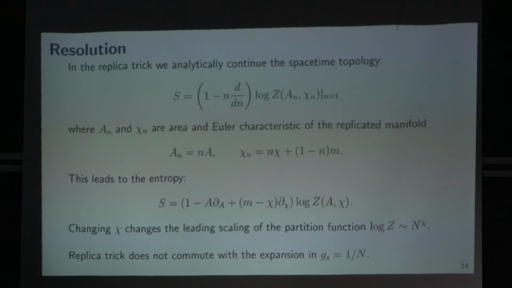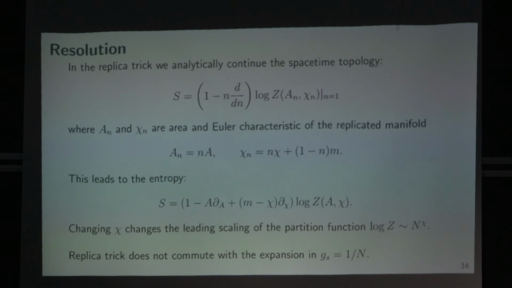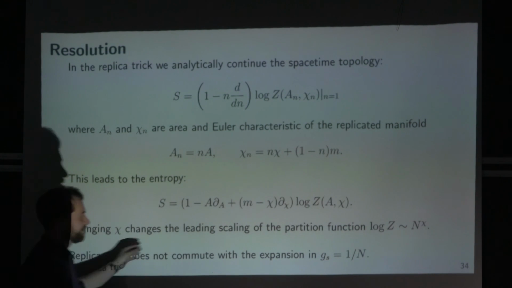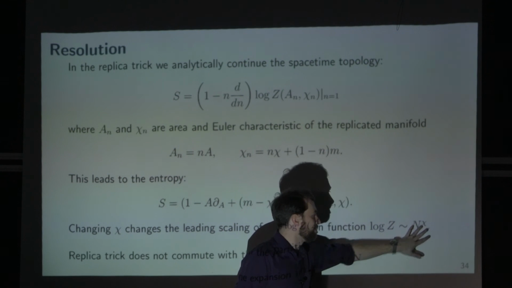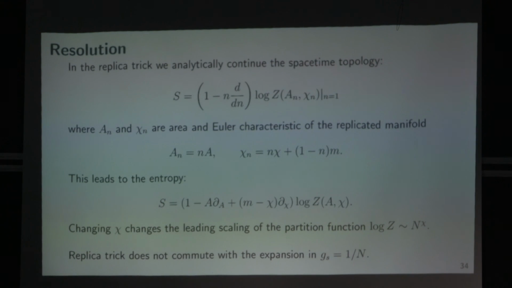So you have an A derivative, but you also have a chi derivative that comes from the fact that you have to change the topology of the spacetime. And now when you change the topology, you're actually changing completely the counting. In the n scaling of the partition function, the leading power is chi, so the leading power of n is going to change as you change n.